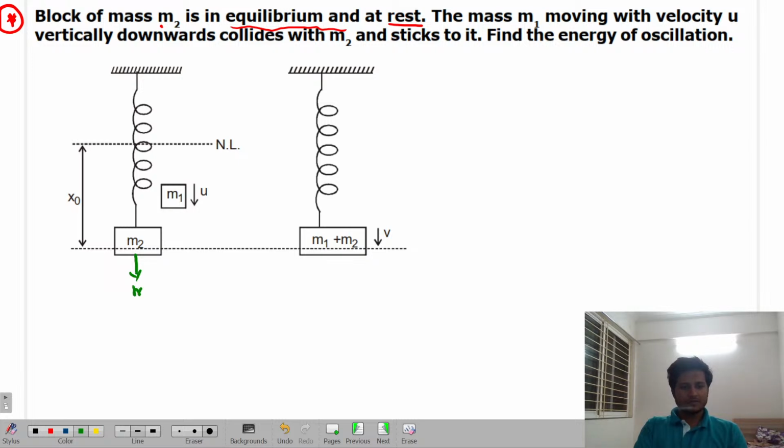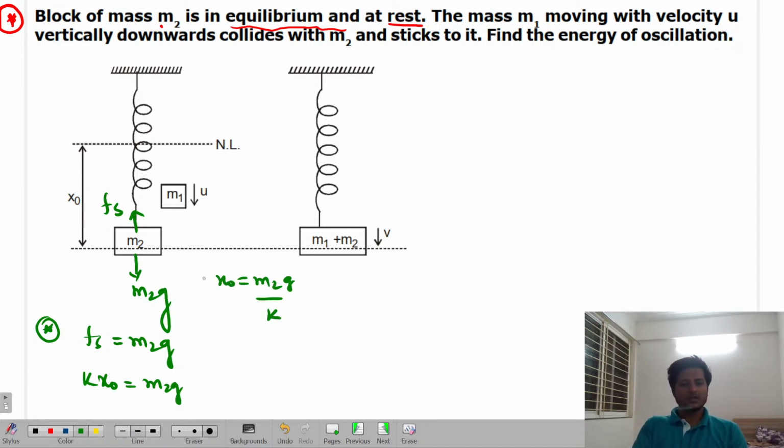This is my down force, this is my spring force. So for equilibrium point, spring force must be equal to m2g. That means kx naught must be equal to m2g, and x naught बराबर how much, m2g by k. So you got this length m2g by k. Is that clear?